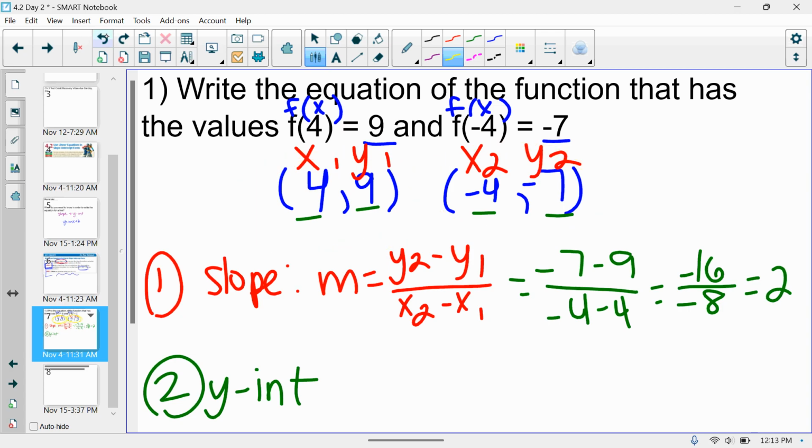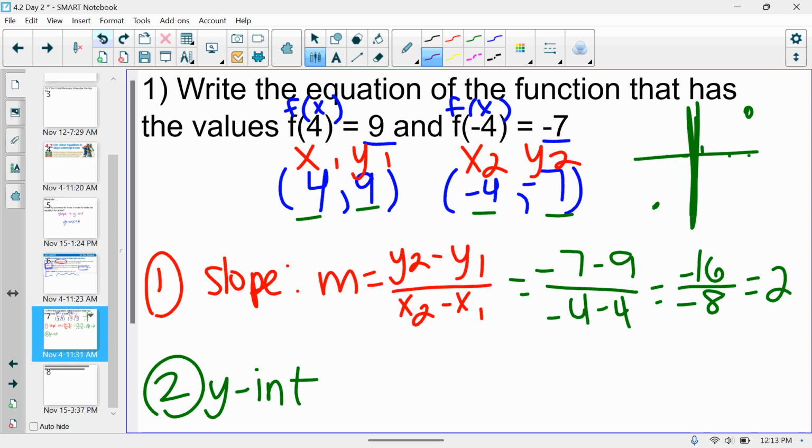Guys, you could make a picture if you don't know. 4, 9 would be somewhere to the right and up here. Negative 4, negative 7 will be somewhere down here. Neither one of those points is on the y-axis. Remember, if x is 0, it would be on the y-axis, but x is not 0 in either one of these points.